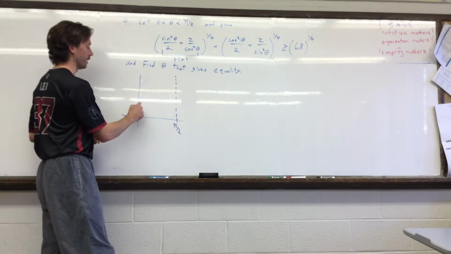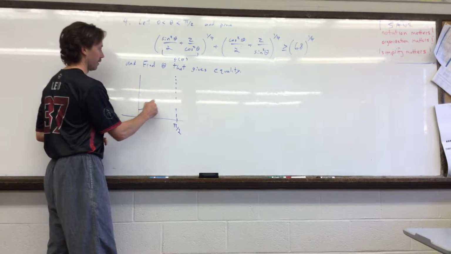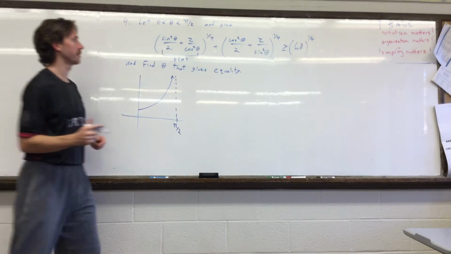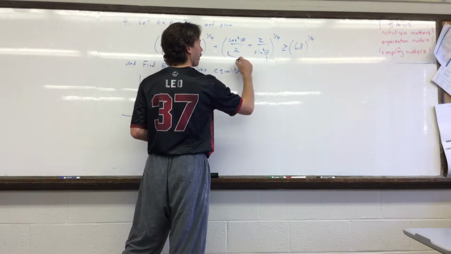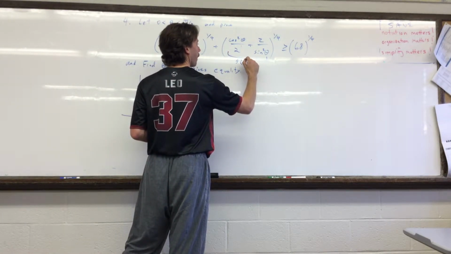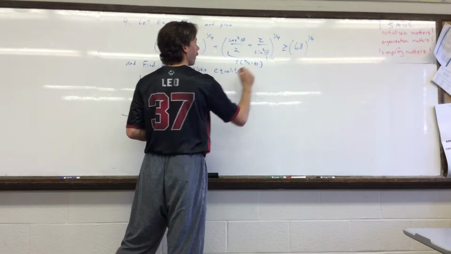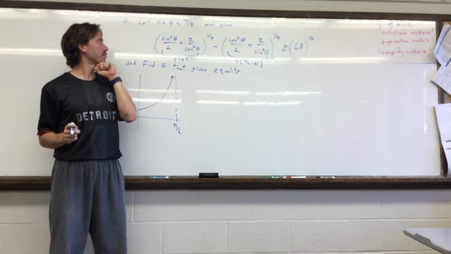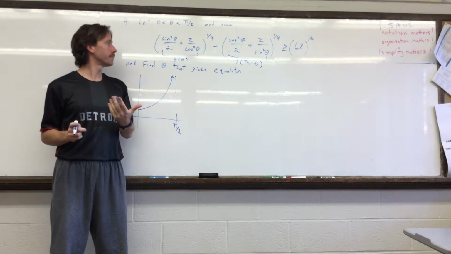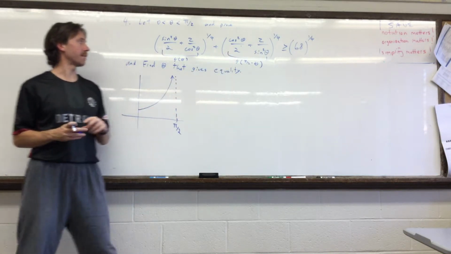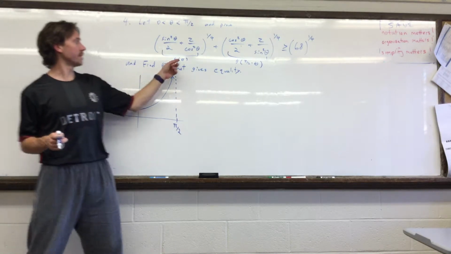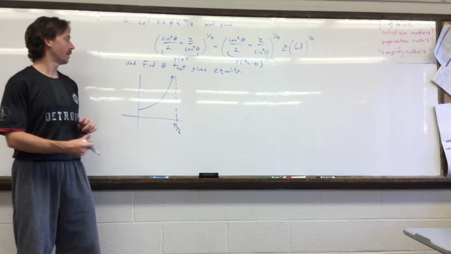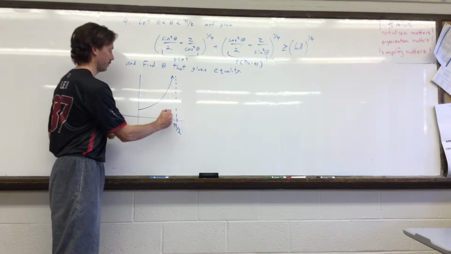It's easy to believe that the graph of f looks something like this. And because cosine is sine of pi over 2 minus theta, we can say that this other term is just f of pi over 2 minus theta. That means the graph of the first part and the graph of the second part are just mirror images.